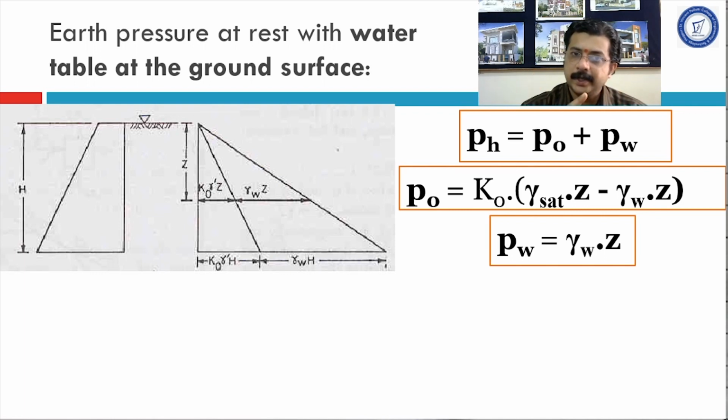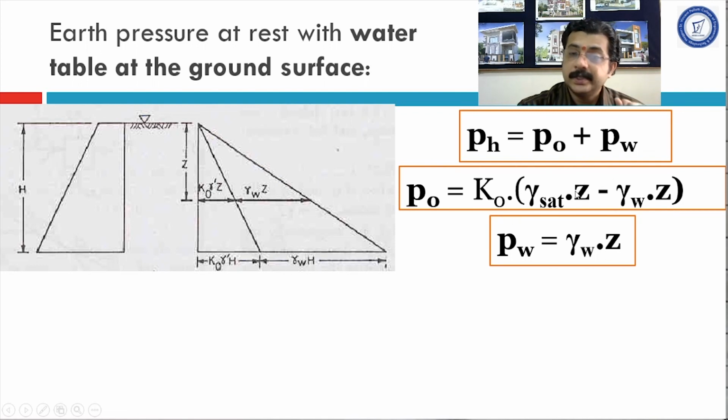Hence lateral pressure is related to vertical pressure or vertical stress, but in case of water, both the pressures are the same. Therefore, this K0 factor is applicable only to the soil. Hence, we are finding out gamma submerged here.